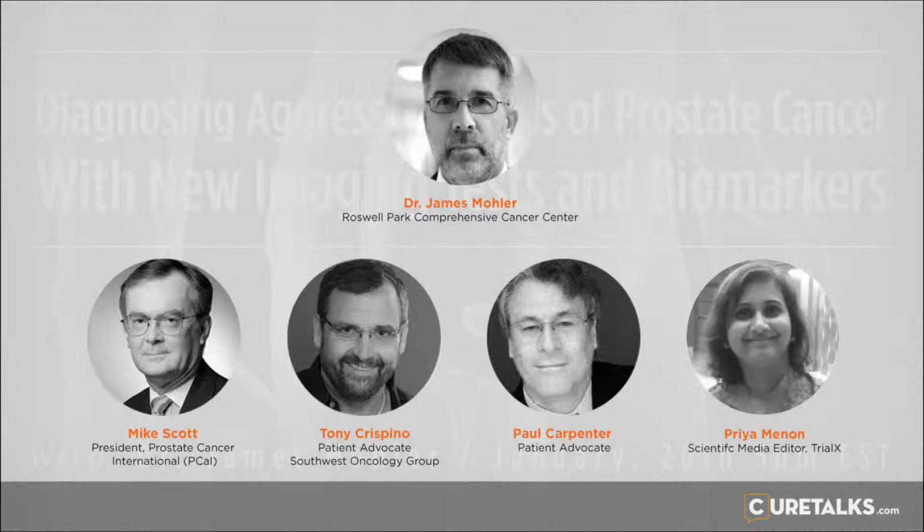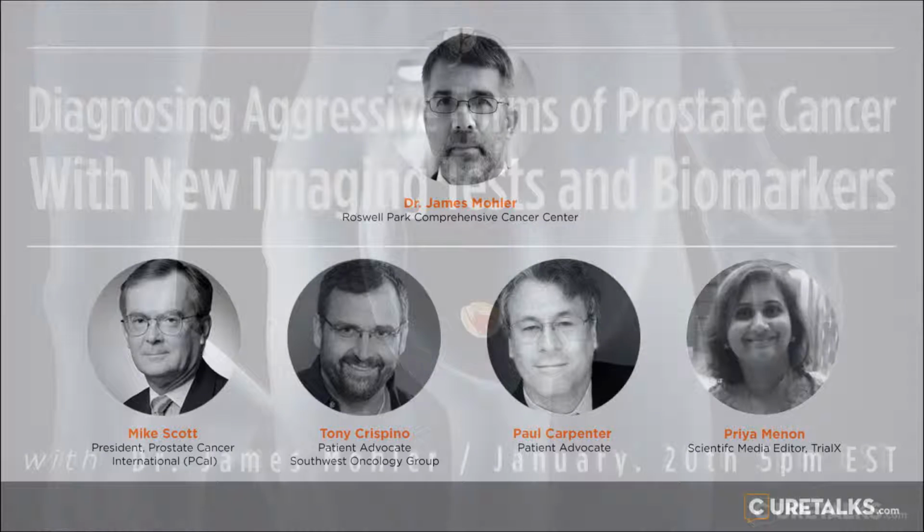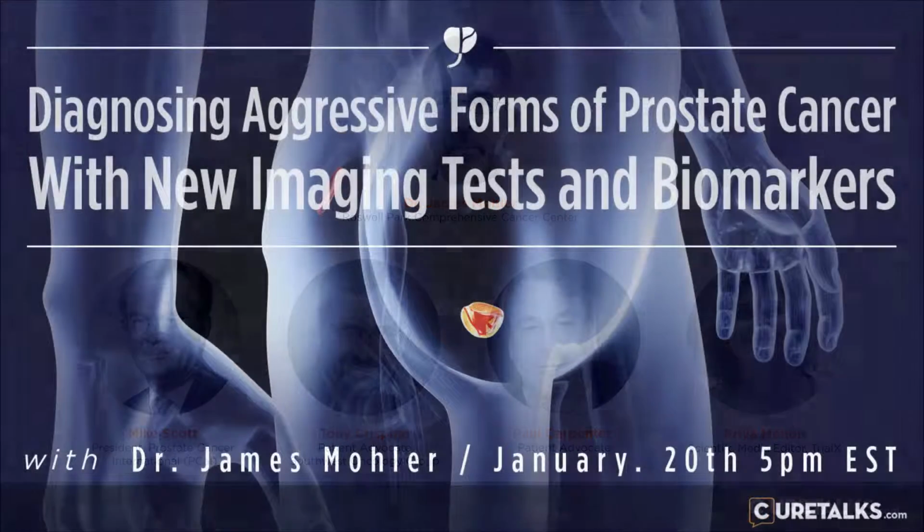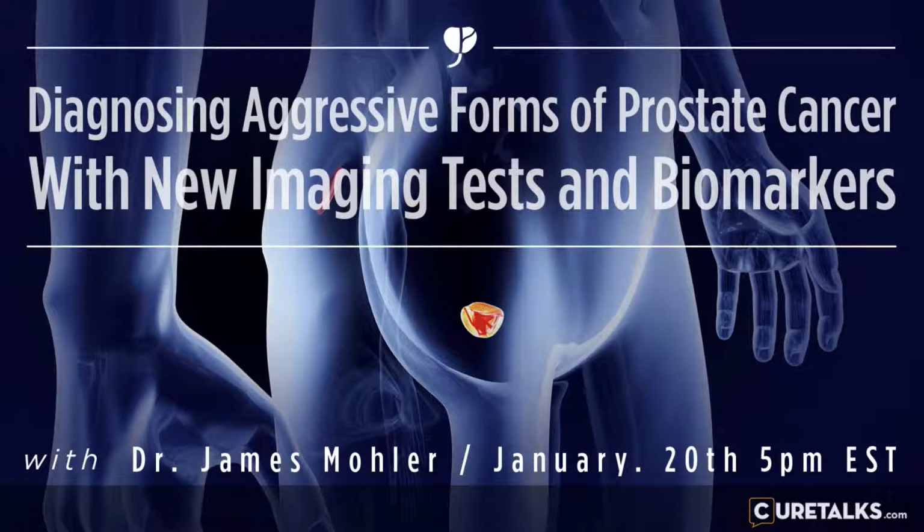And each of these takes advantage of the expression of genes by the prostate cancer that can be used in most cases to guess at the growth rate and hence the aggressiveness of the prostate cancer. So some of the tests recognize an aggressive cancer, others recognize the absence of an aggressive cancer.